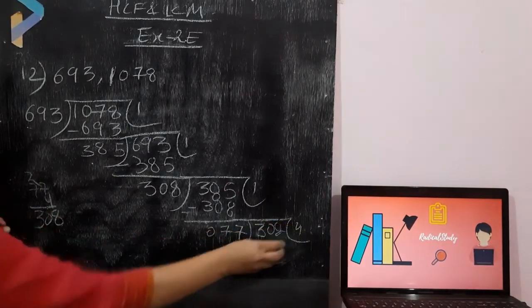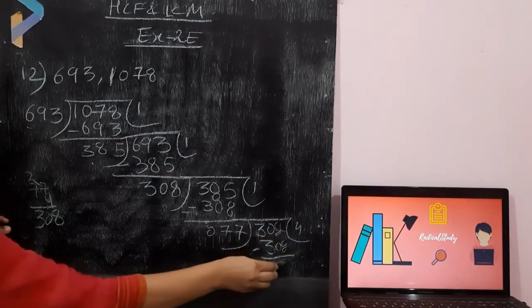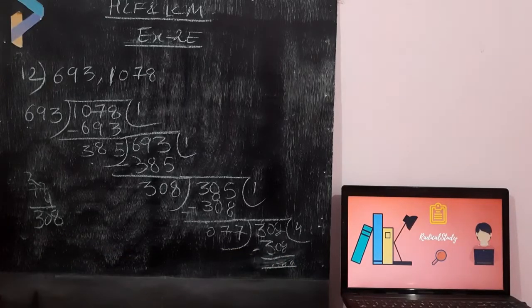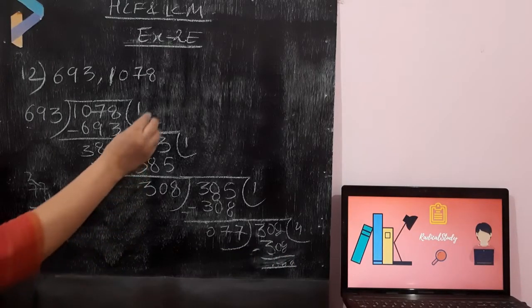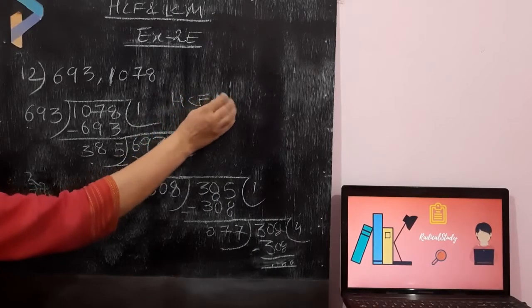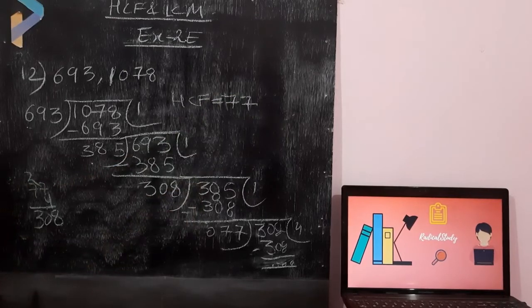Now we have got 0 as the remainder, so our HCF is complete. So what is the HCF of 693 and 1078? The HCF is 77.